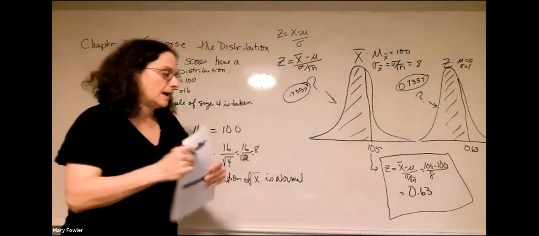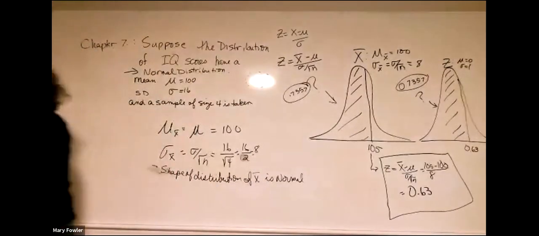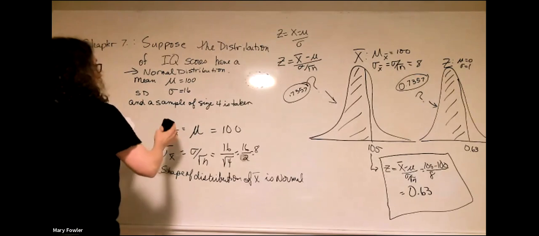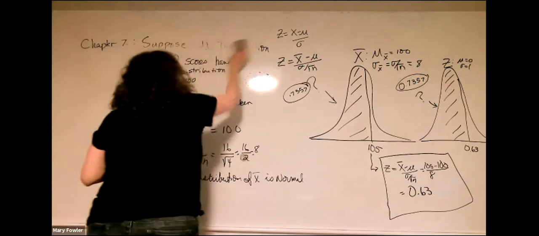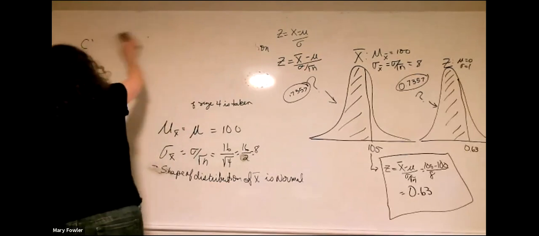And that is, consider a random variable x that has, so let me just erase this, a mean of 50 and a standard deviation of 8.